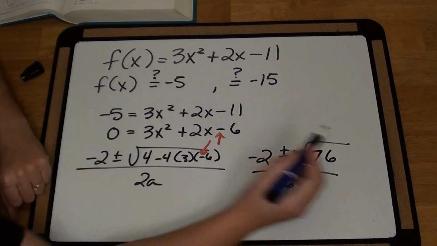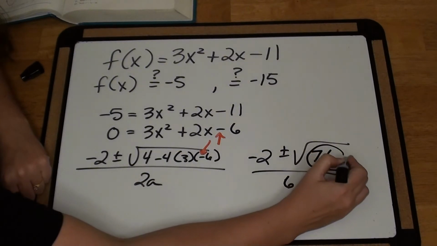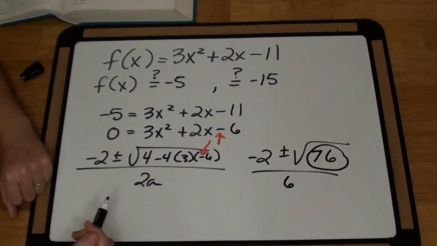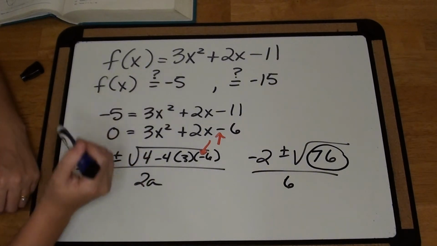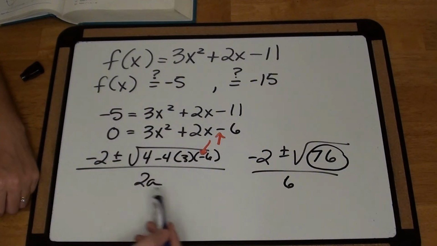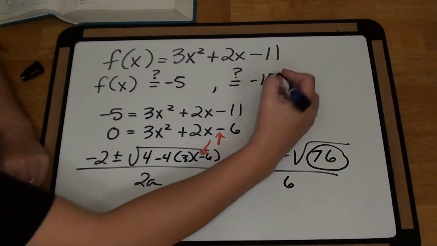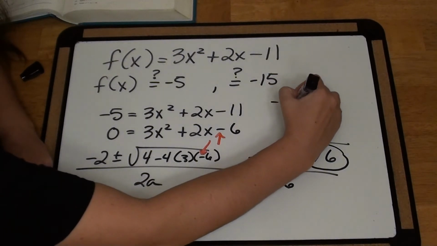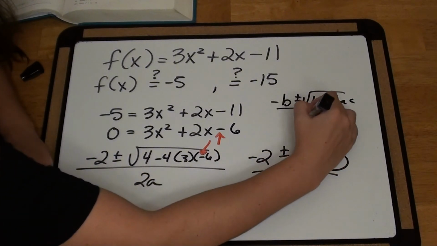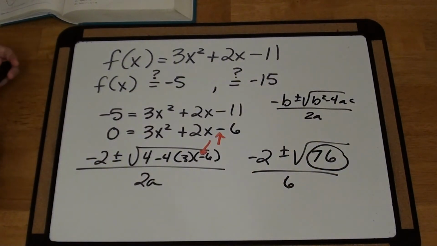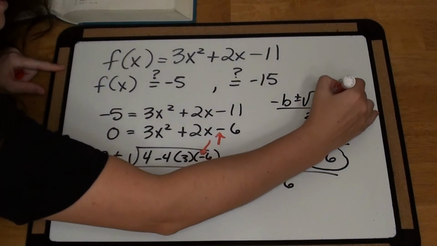Well, as long as this is a positive number, I'll get answers out. So if that's a positive number, I'll get an answer. I know that negative 5 would work. I don't actually have to go through this whole mess. I could just do, if I have opposite b plus or minus the square root of b squared minus 4ac all over 2a, what tells me whether or not this has an answer is this part.